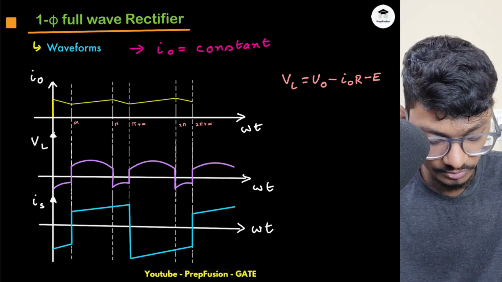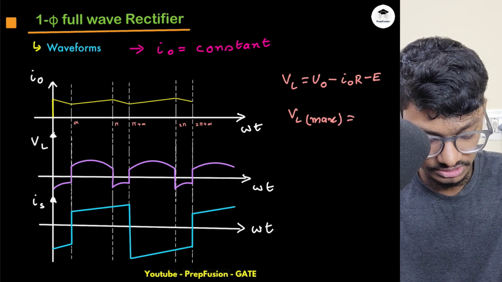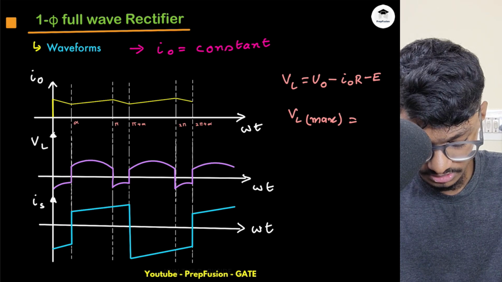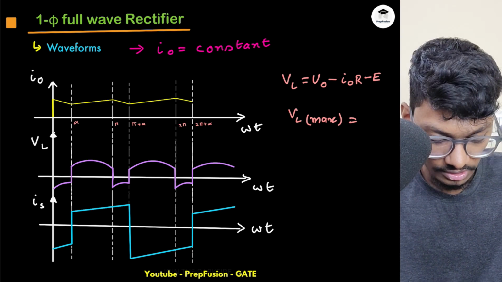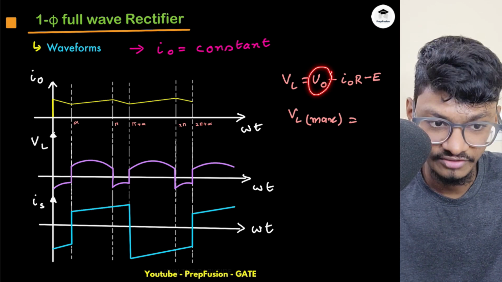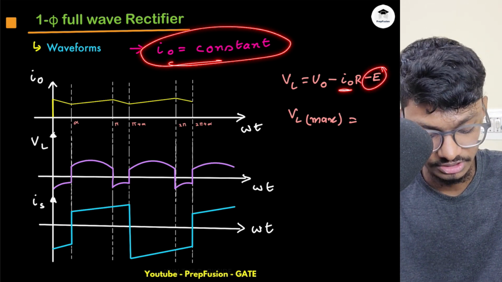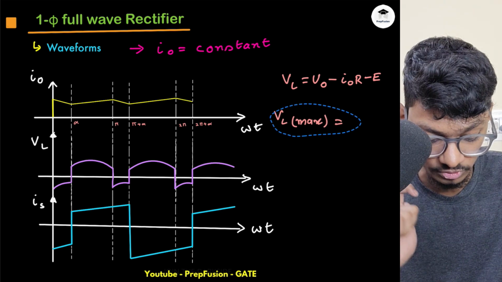So what is my maximum inductor voltage, VL max? It will be when VO is VM. Why? Because I have assumed that IO is constant, and E is also constant. This is just an assumption, so this type of question can also come.